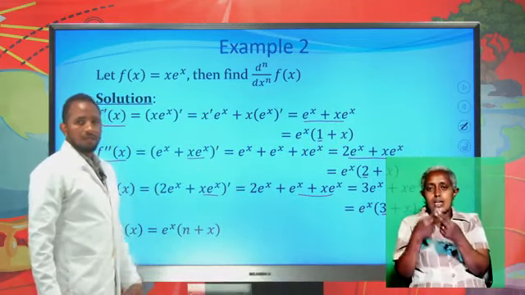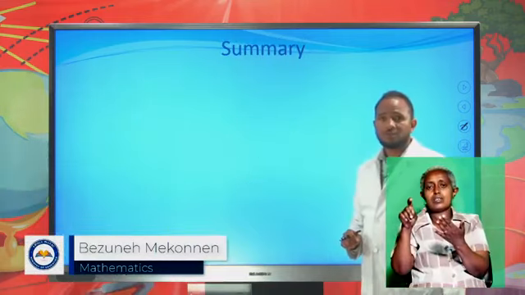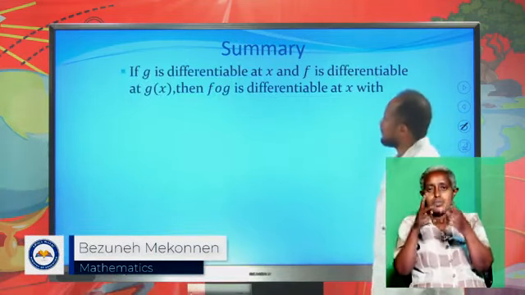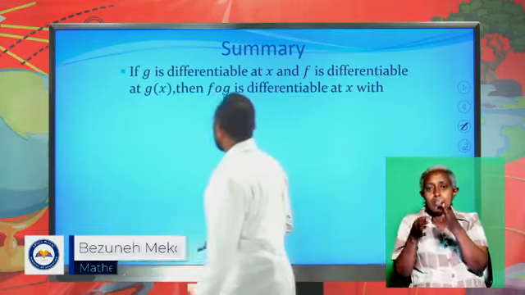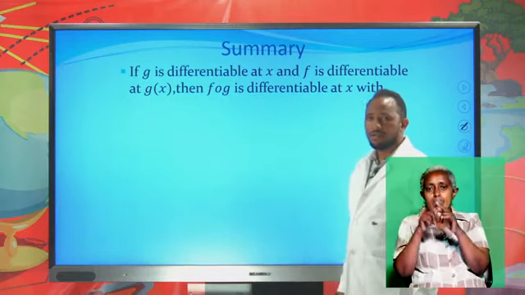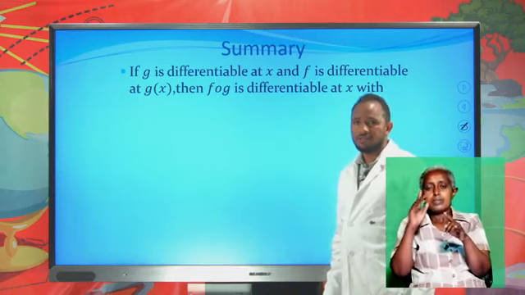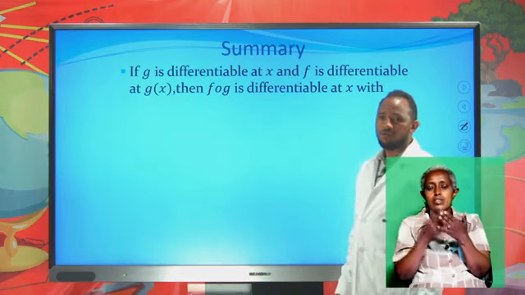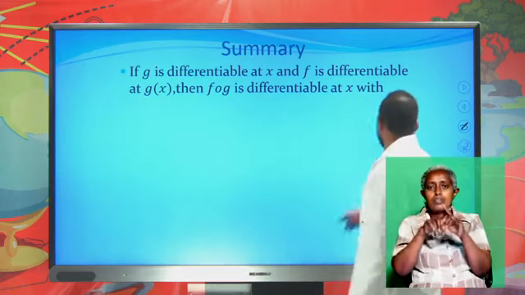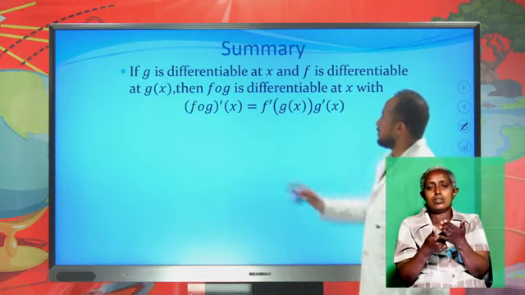Therefore, the nth derivative of this function will be e raised to x times n plus x. To summarize what we have seen: if g is differentiable at x and f is differentiable at g of x, then f of g of x is differentiable at x. It's the chain rule.